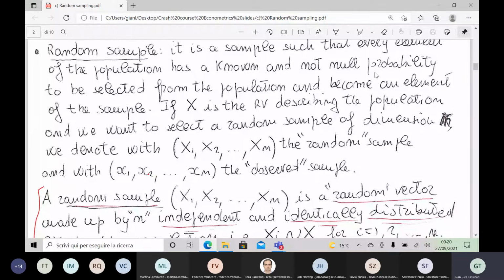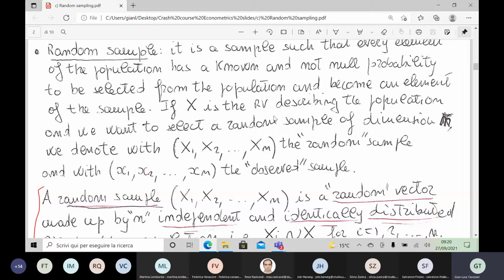If X is a random variable describing the population, and we want to select a random sample of dimension n, we denote a random sample as a vector in this way: capital X1, capital X2, and so on up to capital Xn. So we use this notation with capital letters to denote the random sample.